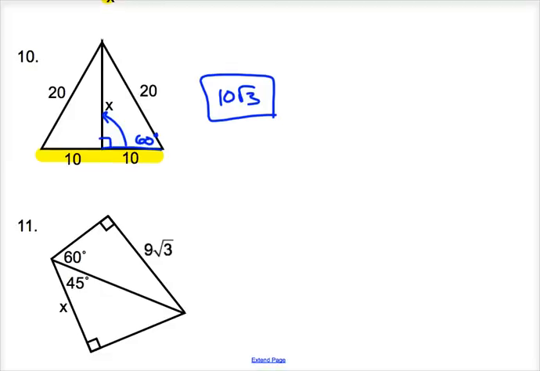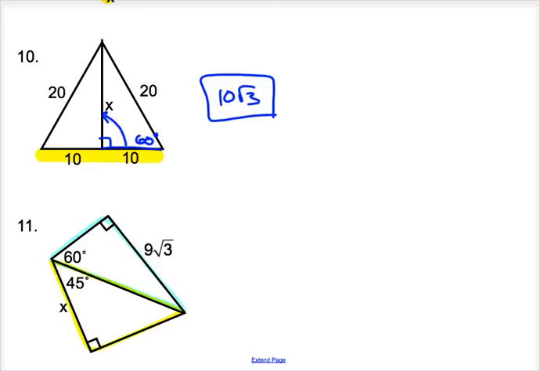Number 11, trying to find x. The first thing I notice here is I don't have any sides. If I'm looking at this triangle that has x in it, I don't have any side lengths in there. But I could look at this other triangle up here and sort of, if I can get from the 9 square roots of 3 and figure out this side they share in common, I could then figure out x.